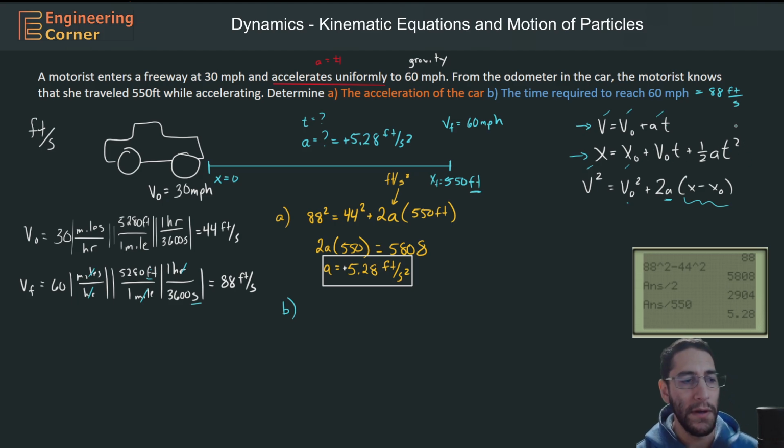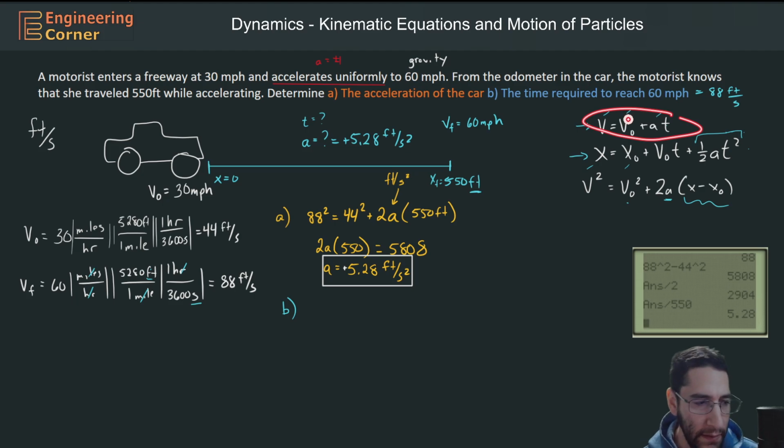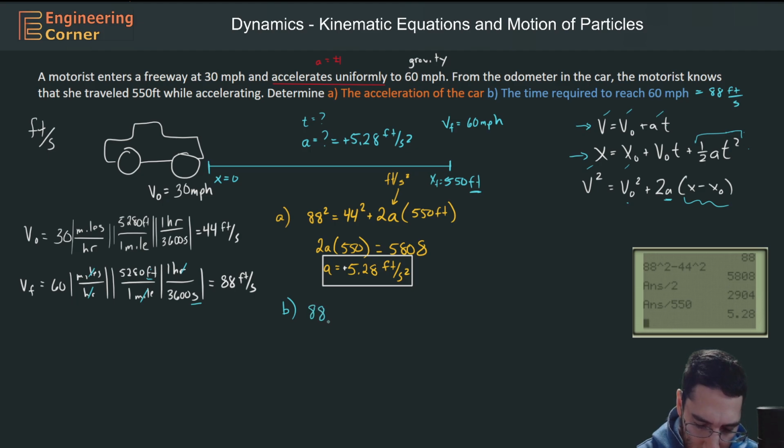Now, in general, you want to pick the easiest equation that you can pick. This has a squared term on it, so in order to solve it, you need to use a quadratic formula, most likely. So that's not typically the equation that you want to use when you can solve this directly. So to solve it directly, we'll have our velocity, and our velocity is 88, is equal to our initial velocity, which is 44, plus what's my acceleration?